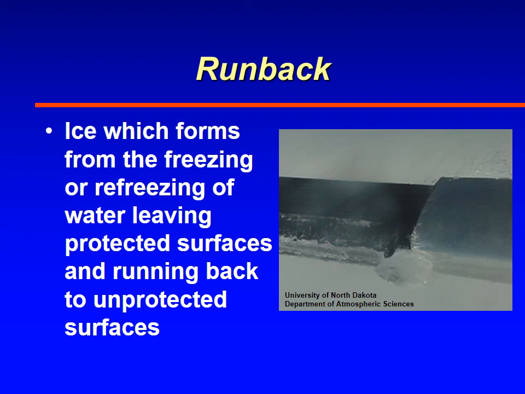But as the ice runs back off of that heated surface, it hits the white and cold wing, and that water freezes back past the protected area. And that's known as runback ice. Also, sometimes you'll hear it called ridge ice or ice ridges, which is very dangerous. And we'll talk about that when we get to the hazards of icing.